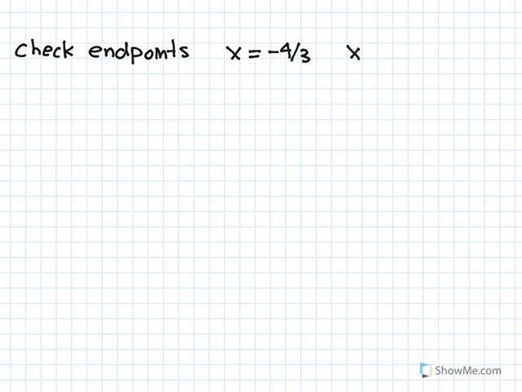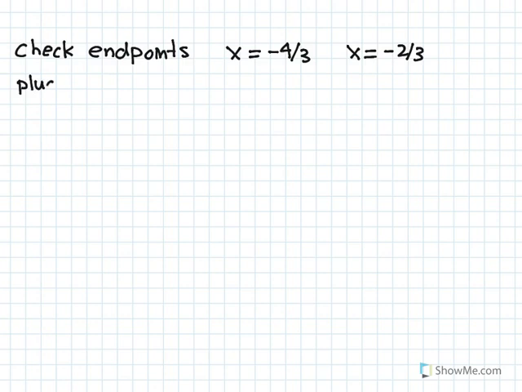All right, so let's check the endpoints. The left endpoint is x equal to negative 4/3, and the right endpoint is x equal to negative 2/3. We have to plug these into the power series and find out whether the power series converges or diverges at those endpoints.